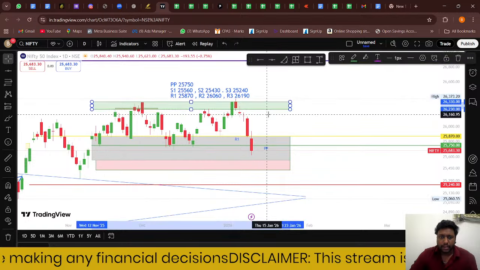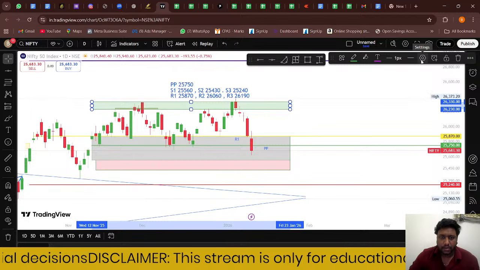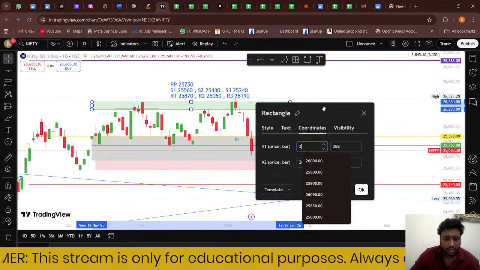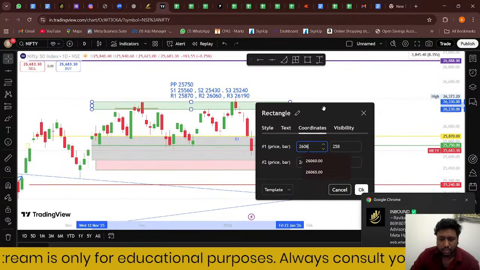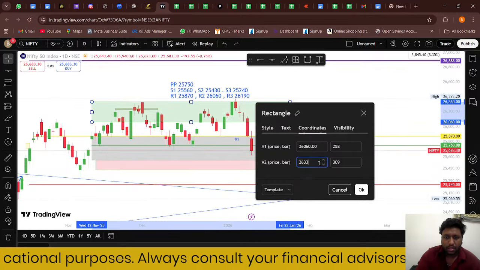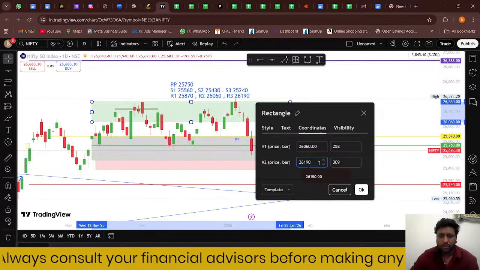On the bull side it will be resistance 2 and resistance 3: 26,060 and 26,190.